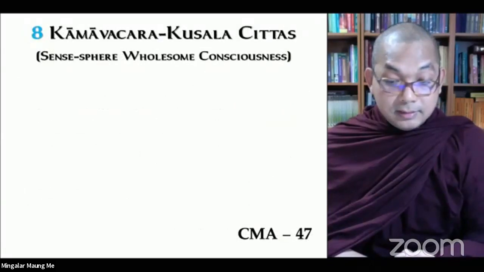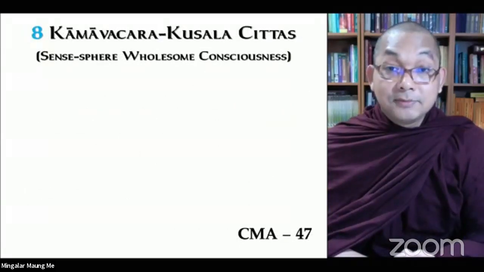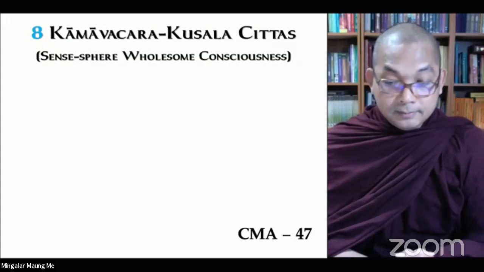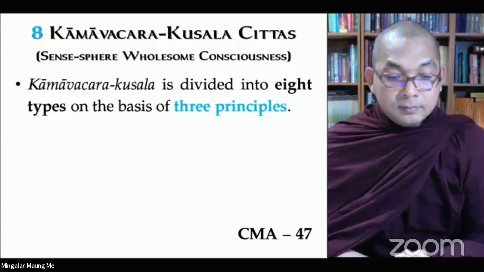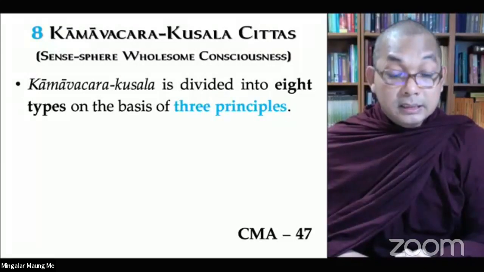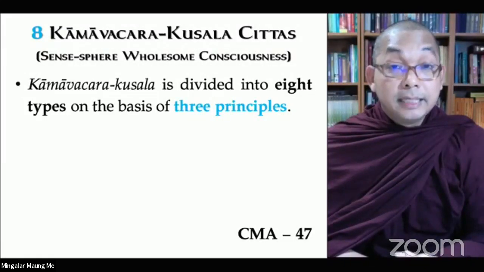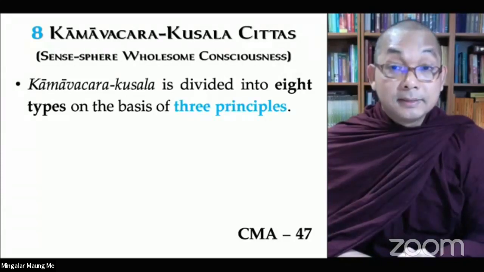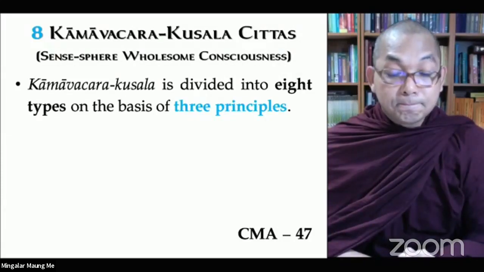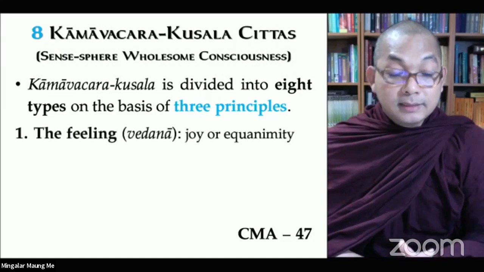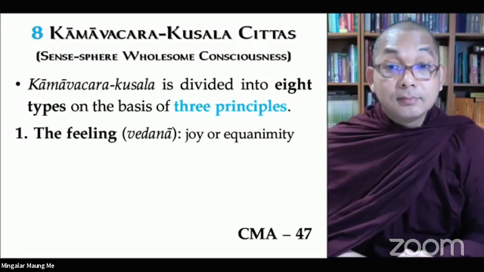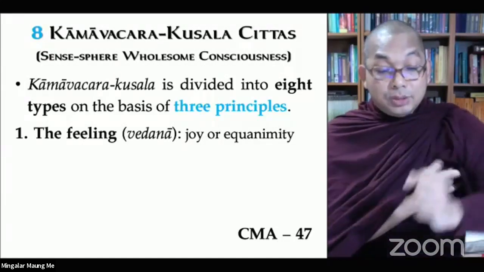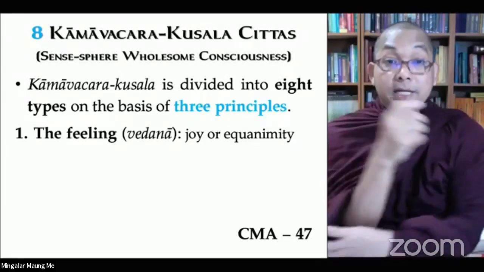Page number 47. Kamavachara Kusala is divided into 8 types. We have 8 Kamavachara Kusala Chaitas on the basis of 3 principles. Number 1, the feeling. We have 2 types of feeling, joy or equanimity.